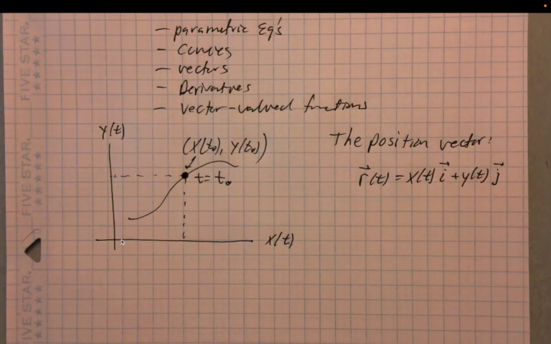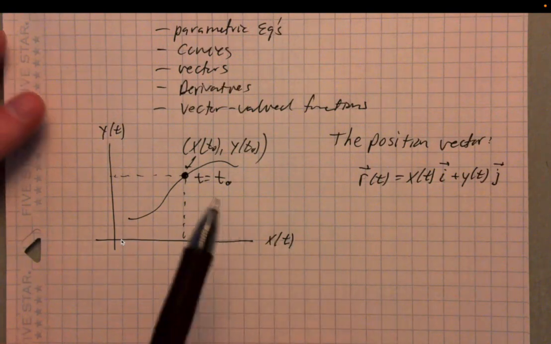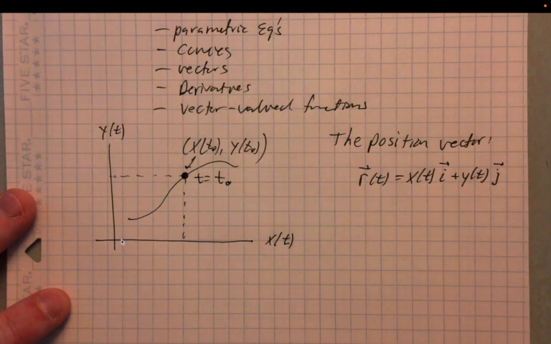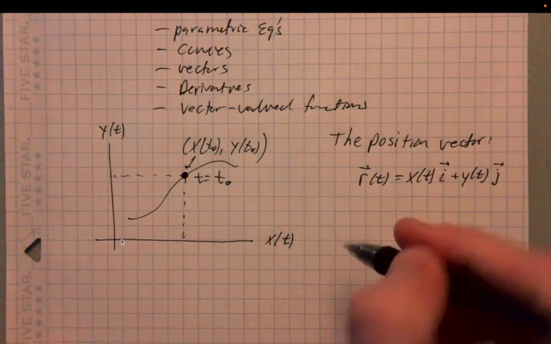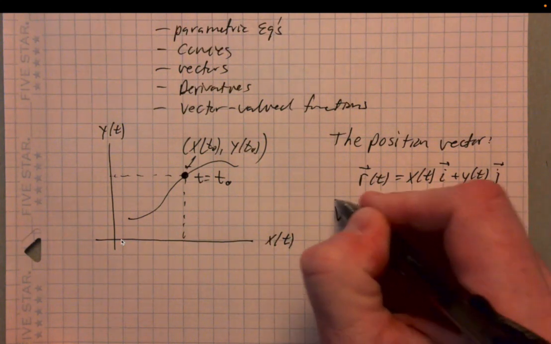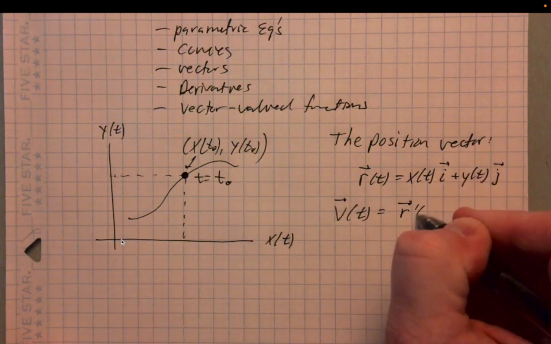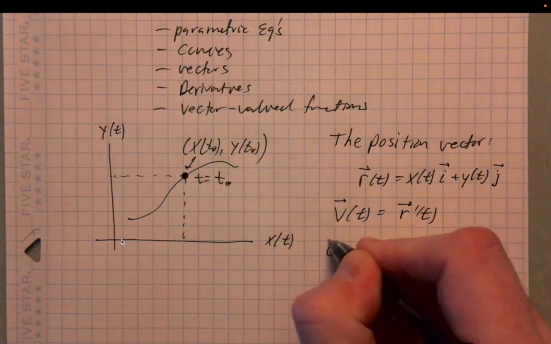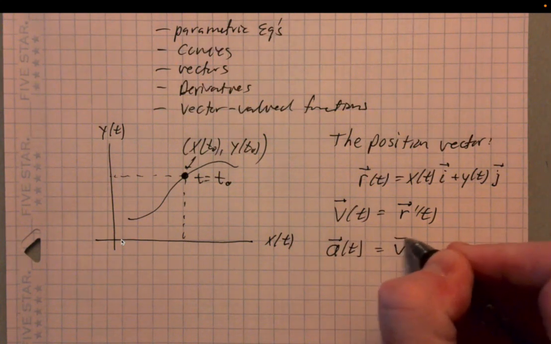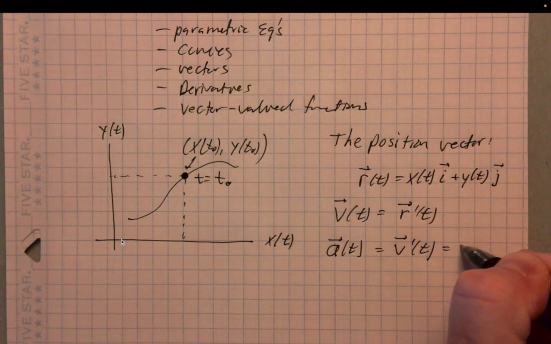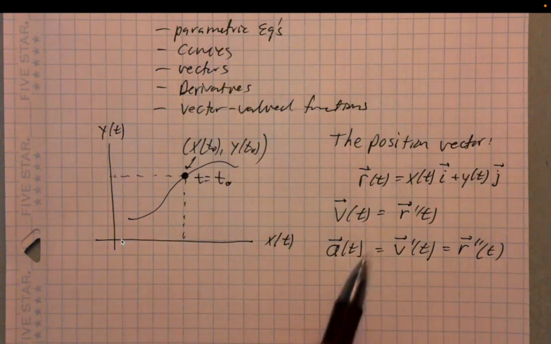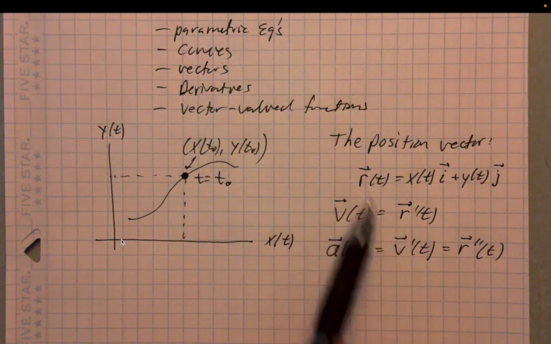Now, the beauty of this approach is that these two quantities, velocity and acceleration, can be quickly derived from this position vector. Velocity is just going to be the derivative of the position vector, and acceleration is going to be the derivative of the velocity vector, which is another way of saying it's the second derivative of the position vector. Hopefully this makes sense intuitively.